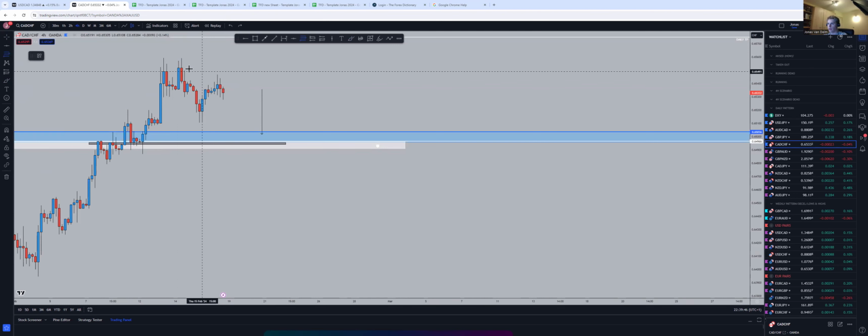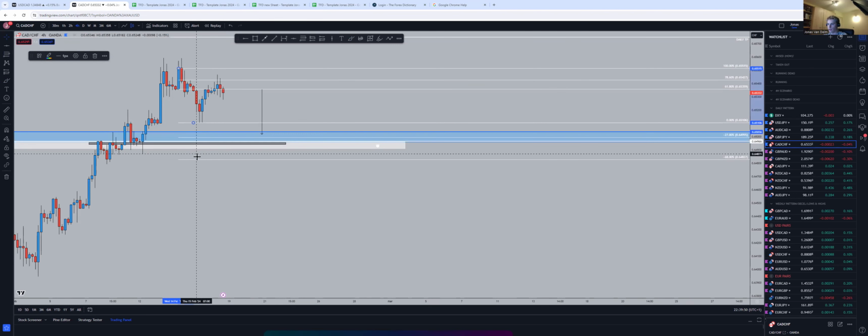And potentially you could take here a fib from this high to this low, but it isn't in that daily zone or in that zone of interest. So I will wait for an impulsive move to the downside, so something like this, and some 4 hour entry, inverted head and shoulders, bullish M, something like that.